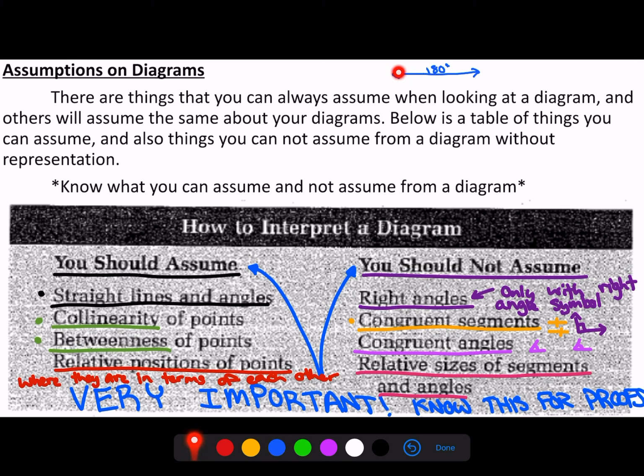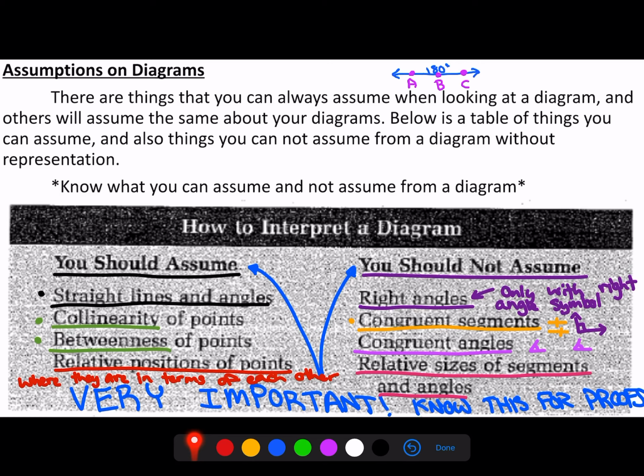And if it looks like a straight line, I can assume it's a straight line as well. The other thing that I can assume is collinearity. If I see 3 points that are all on the same line, I can assume that those are collinear points. I can also assume, if I label these as A, B, and C, I can also assume betweenness. So I can assume that point B is between points A and C.